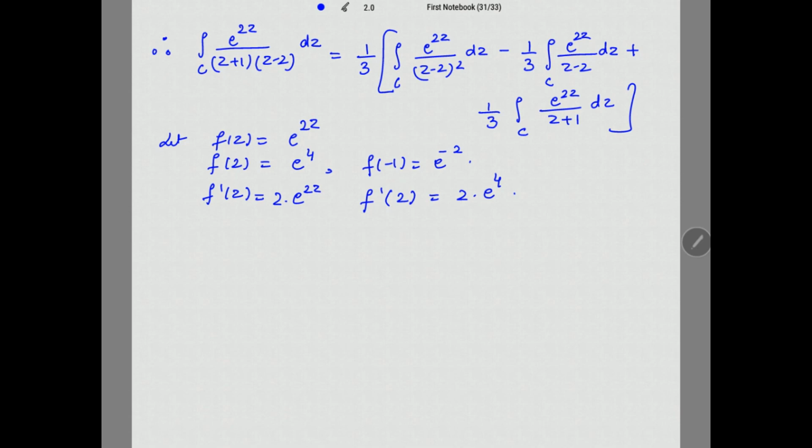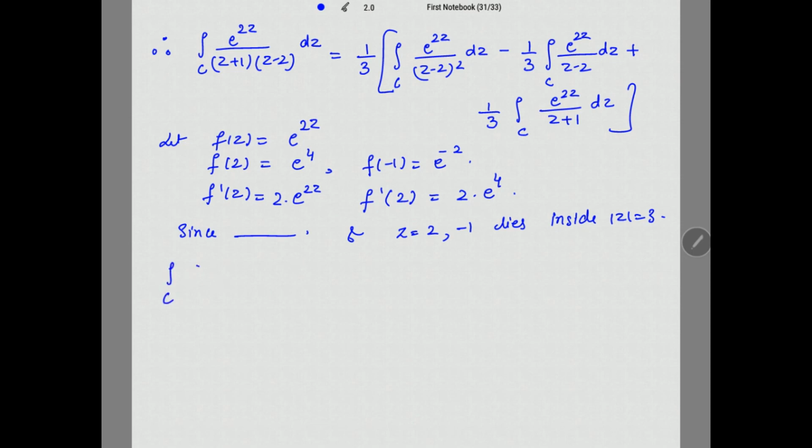Alright, now since f(z) is analytic everywhere inside and on mod z equal to 3, and the points z equal to 2 and minus 1 lie inside the circle mod z equal to 3, by Cauchy's first integral formula, just use the formula over here.